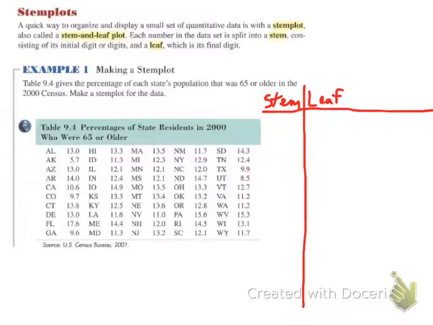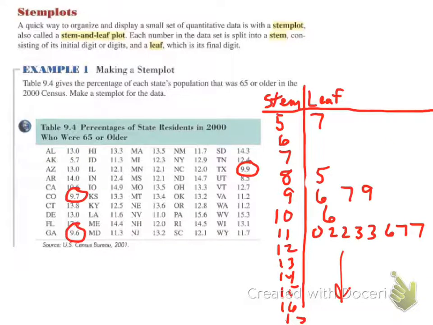So if you take a look at all the numbers, the lowest number would be 5, and the biggest number, it would appear to be 17, it looks like. So we're going to do our stem 5, 6, 7, 8, 9, 10, 11. I'm going to run out of room. You guys can finish this on your own.